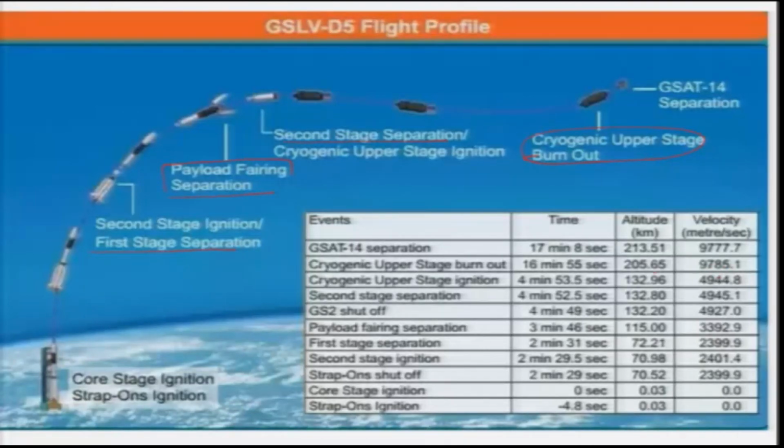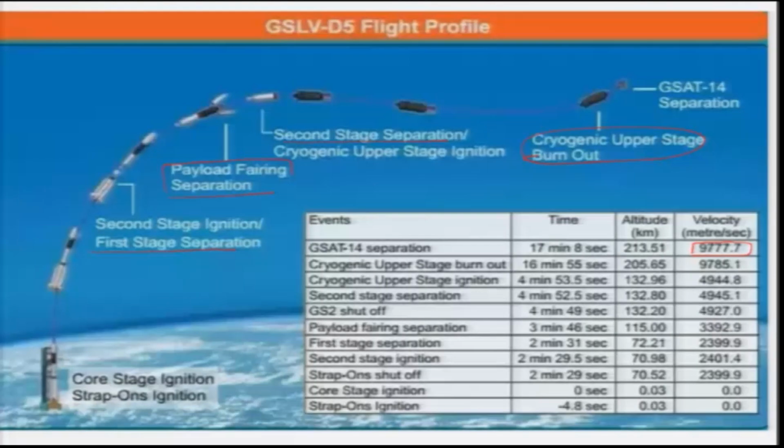The cryogenic upper stage ignition takes place a little after the second stage separation. And when the GSAT is separated out, it will have a velocity of 9778 meters per second, which is much higher.